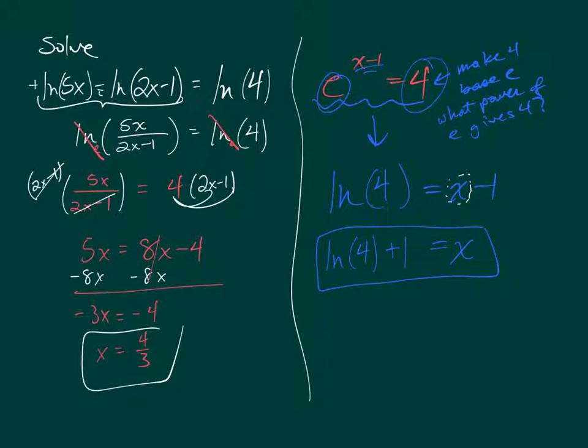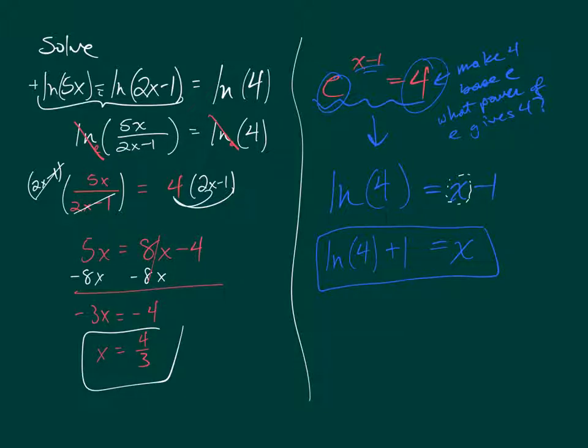But what I do need to do is make sense of what this is. Natural log of 4 plus 1, that doesn't make any sense in the real world. If you walk up to a regular person in America, you say, hey, I just found natural log 4 plus $1 laying on the ground.